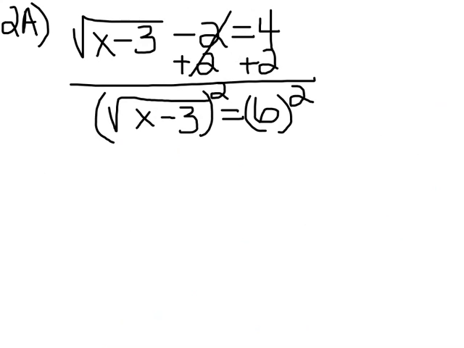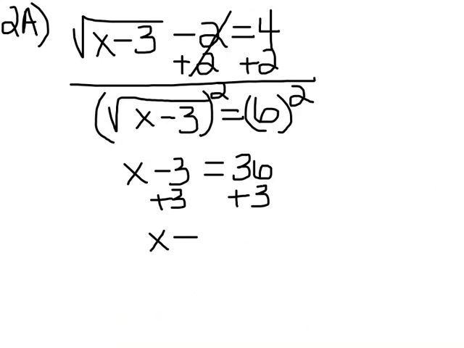The radical x minus 3 is x minus 3, and 6 squared is 36. We can finish solving our equation by adding 3 to get x equals 39.